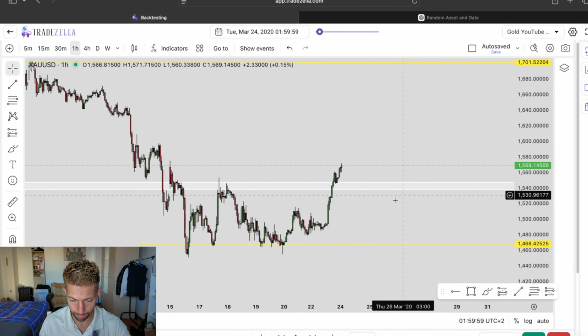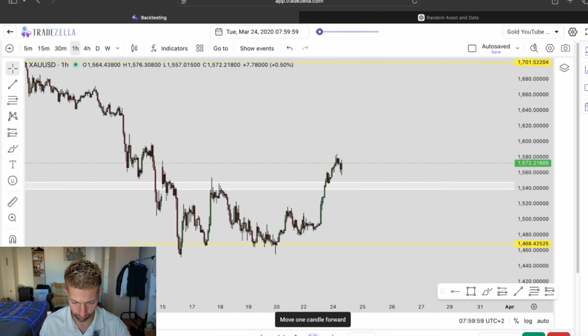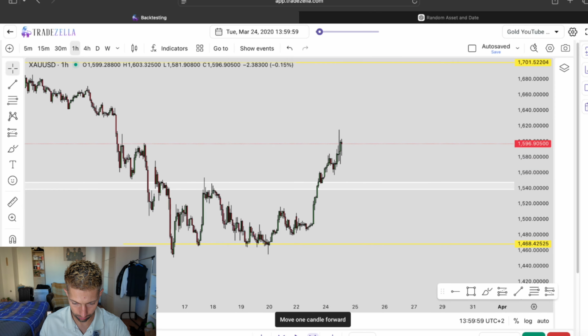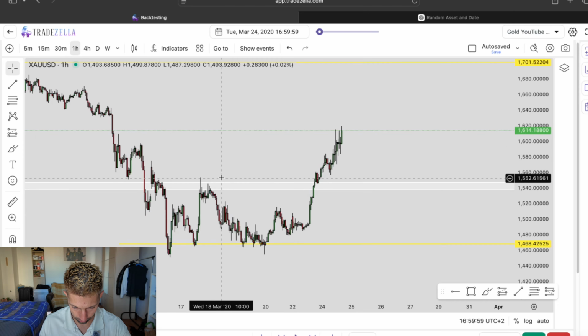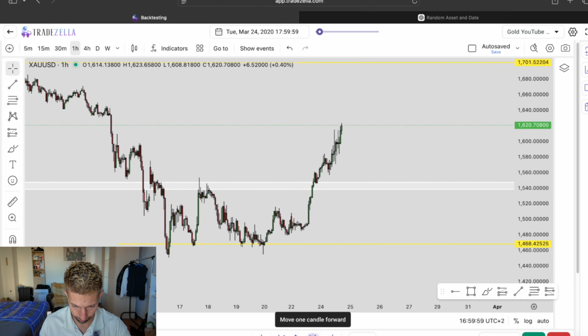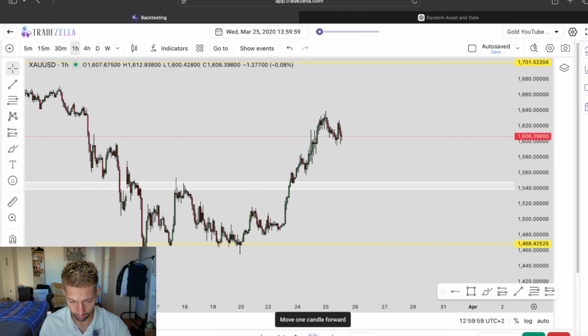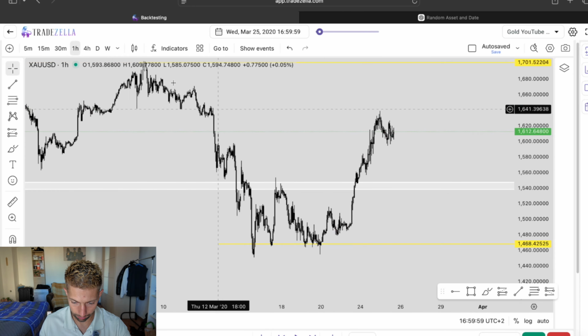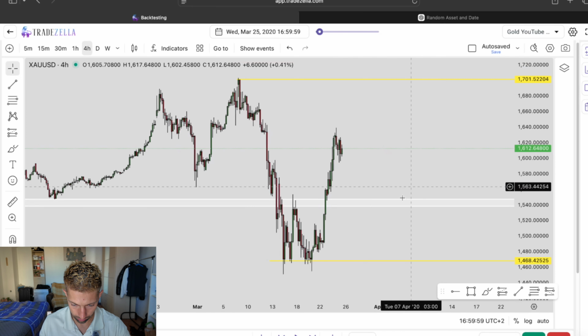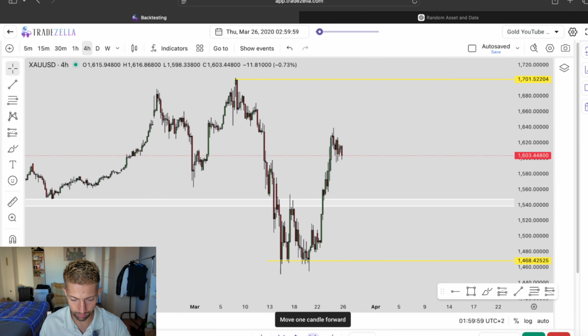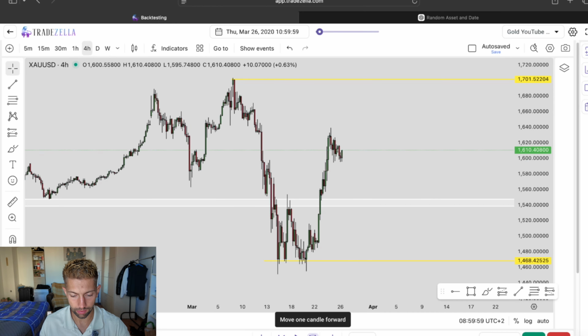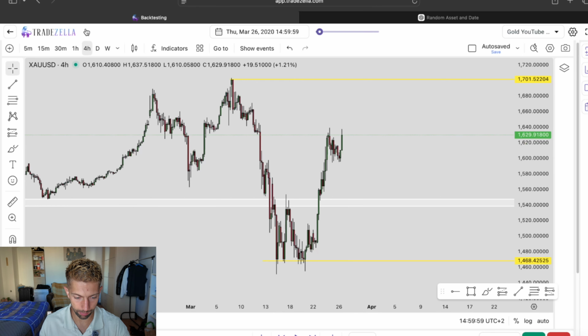So right now, this could be my swing low. And let's see. Okay, I still want to see a bigger pullback, you know. The thing is it doesn't need to happen all the time. So if it doesn't happen, you just need to adapt, boys.